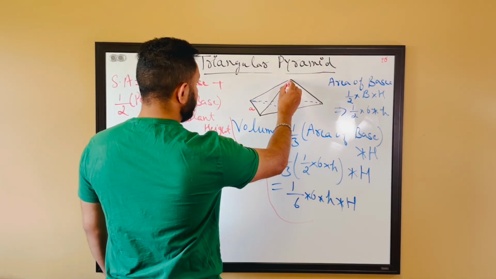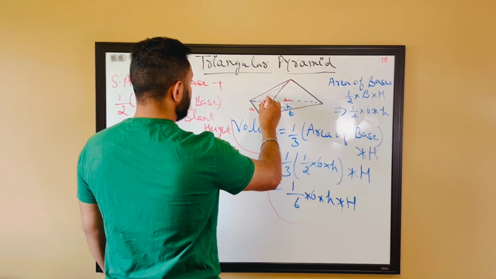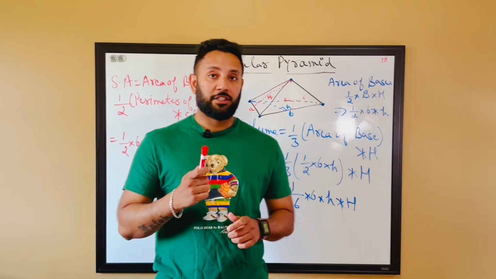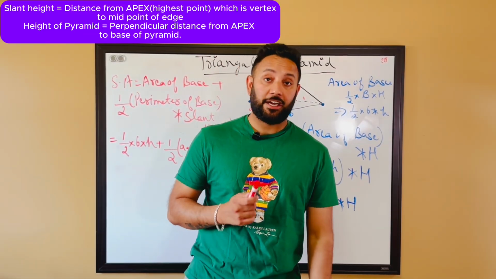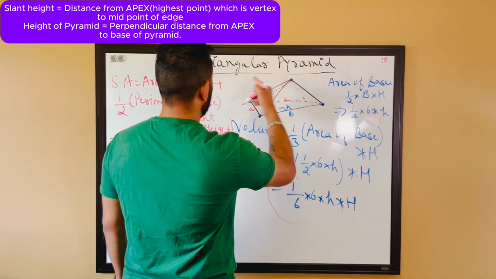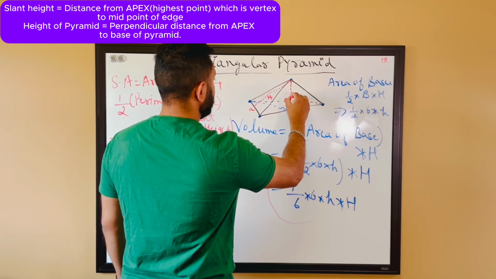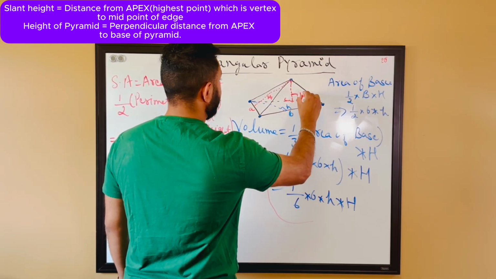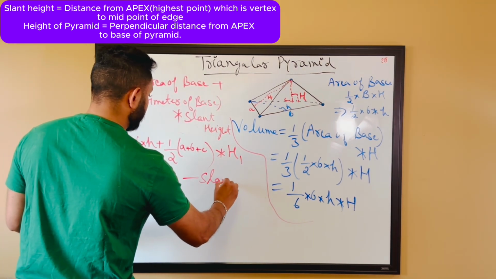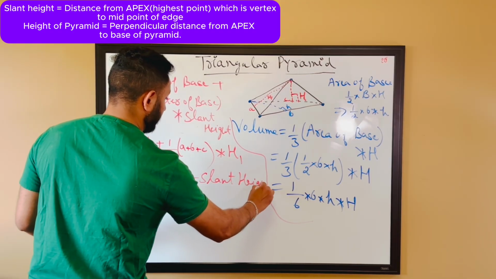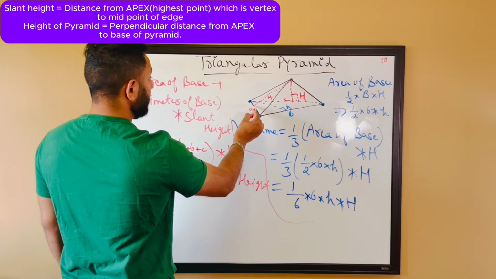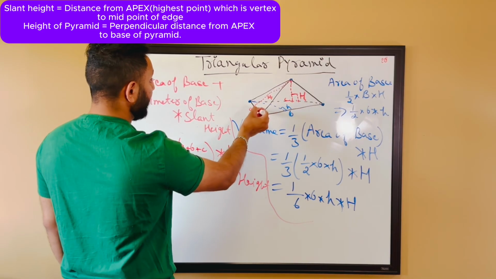This one is h1. There's a big difference between slant height and the regular height of the triangular pyramid. So let's suppose the regular height of the triangular pyramid is this, which is denoted by h. Slant height is h1, which is a distance from one vertex to the midpoint of the edge, like any edge.